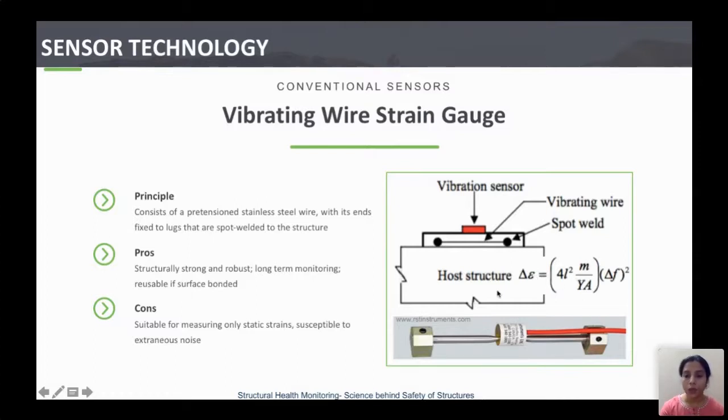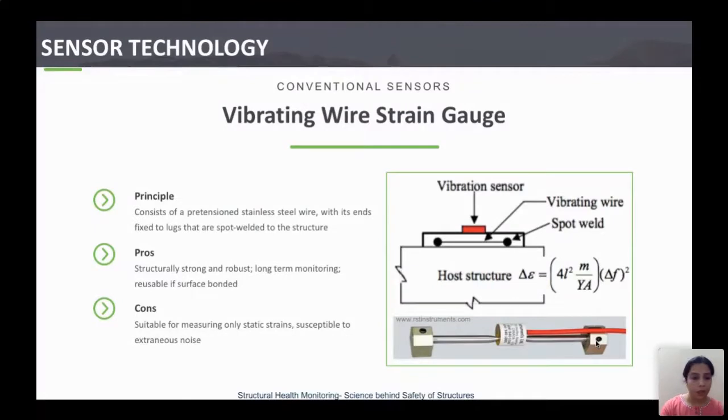Now, if you attach this vibrating wire strain gauge at the bottom of the beam and the beam is deflected, the length of the wire running from here to here will change. So its vibrating frequency will also change. Thus, you can calculate the strain in terms of the change in frequency using this strain gauge.